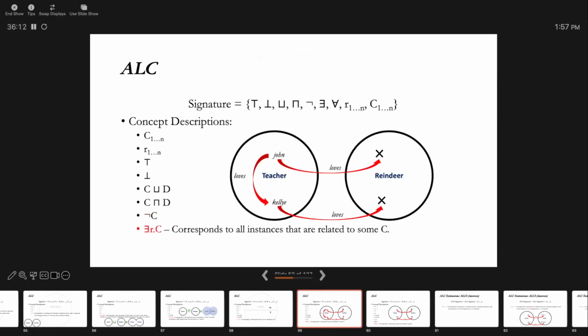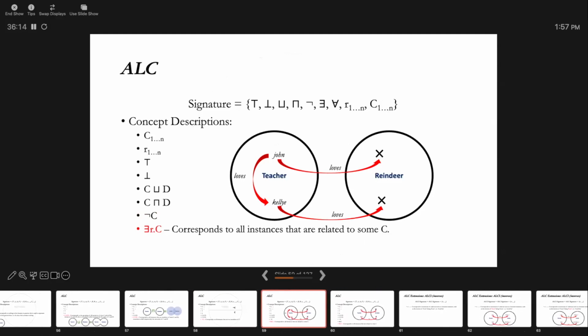Now, here are the more subtle ones. These are worth belaboring a little. I want you to read it just like this. This backwards E, existential R dot C, is the worst notation you will ever see in the history of logic. Putting Quine aside, this is garbage notation. I hate it.